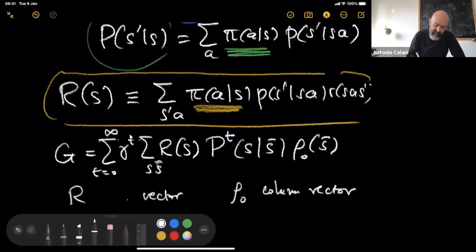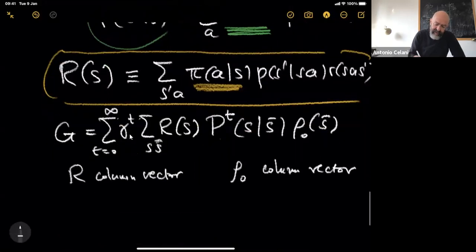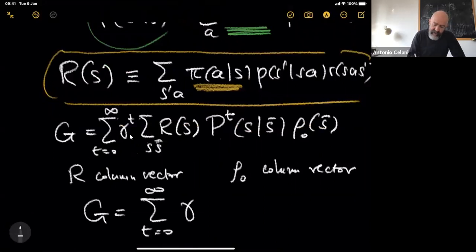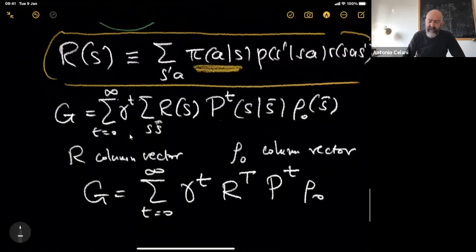Let's make them both column vectors. And then this means that I can write G as a sum from t going from 0 to infinity of gamma to the t, and then R transpose p to the power t rho 0. Okay, so this is already very compact.